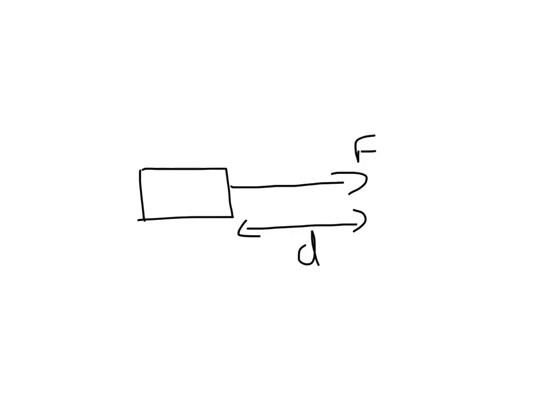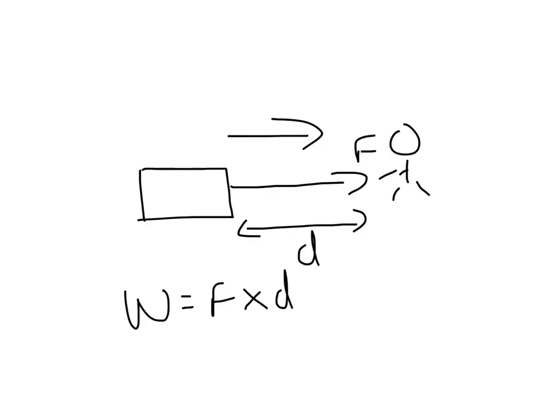So for example, if this person was pulling the block, they would have to transfer their chemical energy to kinetic energy of the block moving. Okay, so the work done or energy transferred for moving this block would be the force times the distance moved.